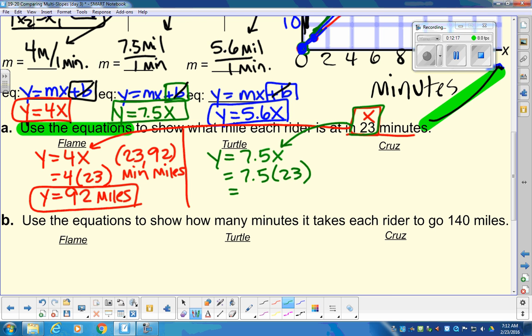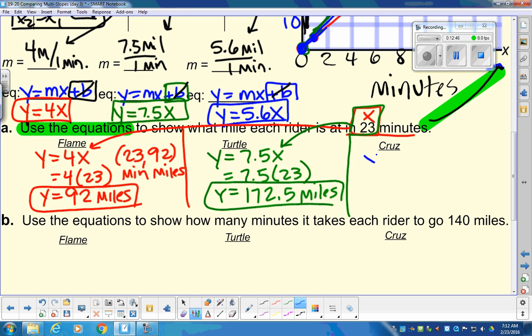Everybody should be typing that in. Okay, so we end up with 172.5 miles. So Turtle in 23 minutes has traveled so much further than Flame. I don't have room to write that data point, so I'm not going to.